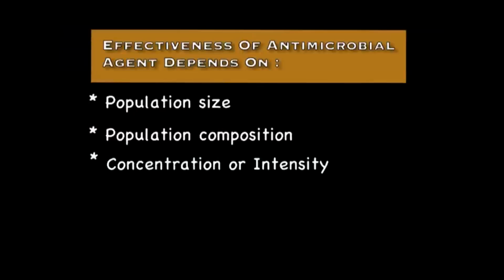So, the third factor on which the antimicrobial agent's efficiency depends is the concentration or intensity of the antimicrobial agent. We all know as we increase the concentration of antimicrobial agent, their killing efficiency increases. But there are still certain exceptions.